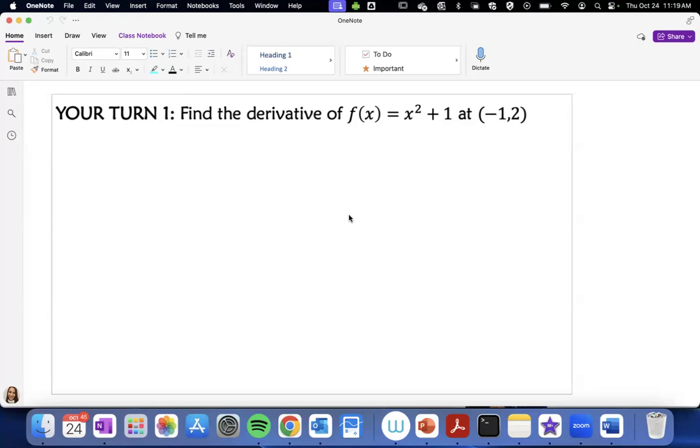That's the way of plugging in that non-data. You have to plug in x plus h for every x.